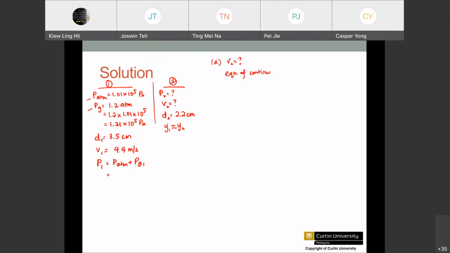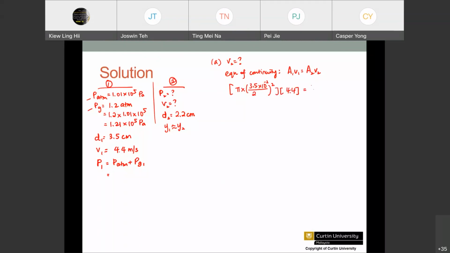What does it say? A1 V1 equals A2 V2. So A1 is pi r squared. 3.5 is in centimeters, divide by 2 to get the radius and convert to SI units, times 10 to the power of -2, squared, pi r squared, times V1, which is 4.4.